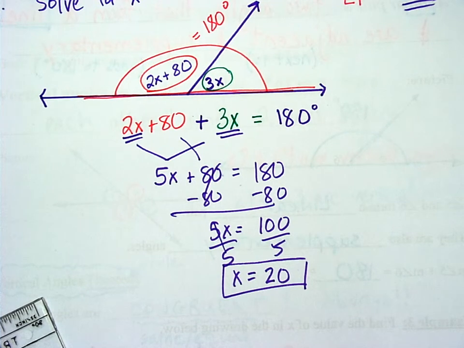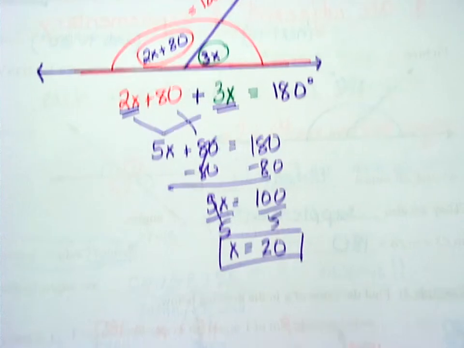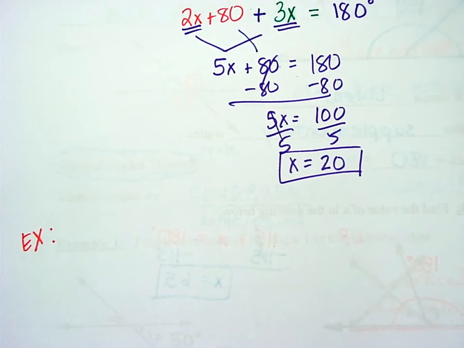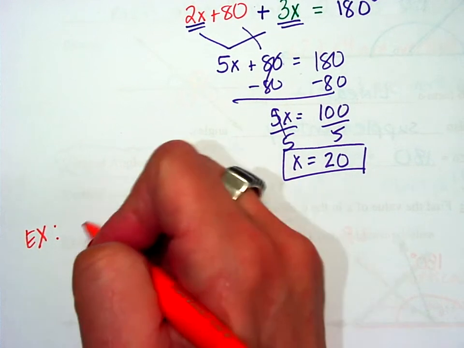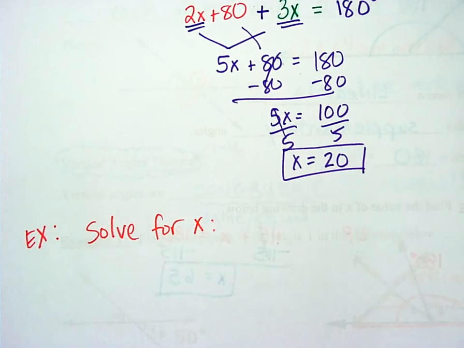Now we're going to do a second example. And again, the directions for this one will be to solve for x. But our picture this time is going to look a little differently.